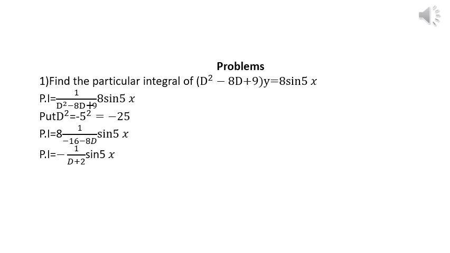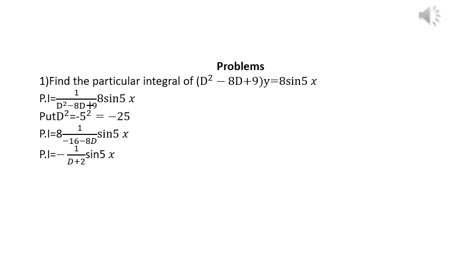The right hand side function is sin ax or cos ax. Put d square is equal to minus a square. Remember, here this is not equal to minus a the whole square. This is d square equal to minus, the square is only for a.